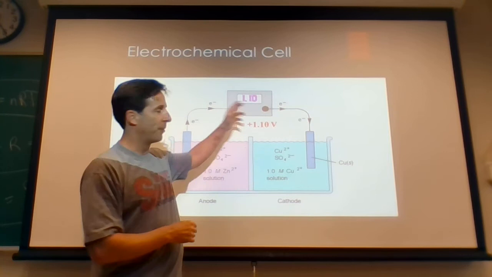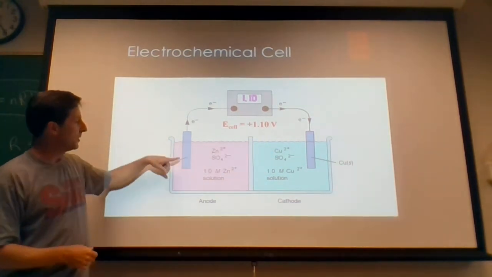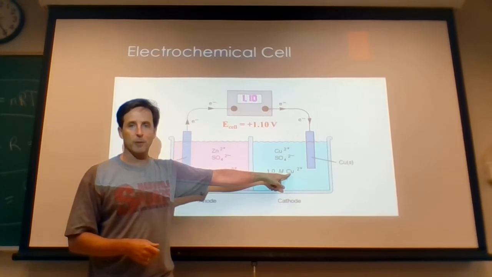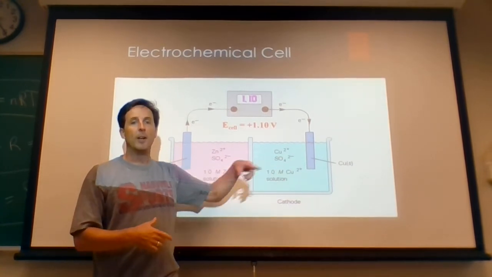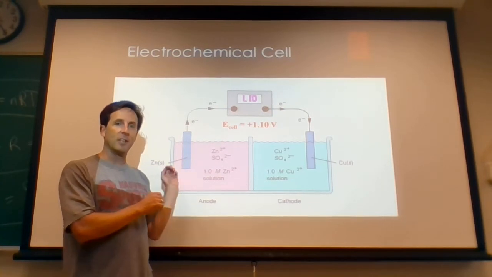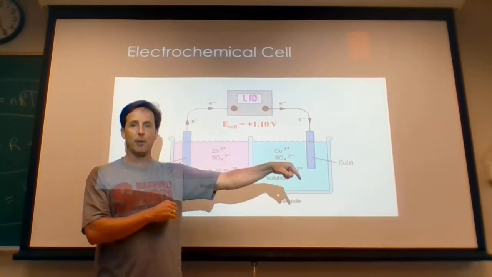So there's a flow of electrons from the zinc metal all the way to the copper ions in solution. The anode is the source of the electrons that flow through the wire to the cathode.